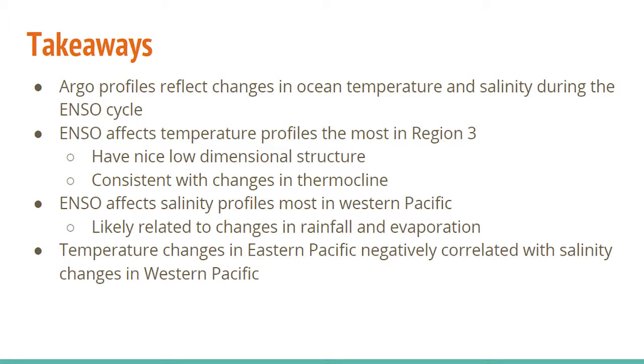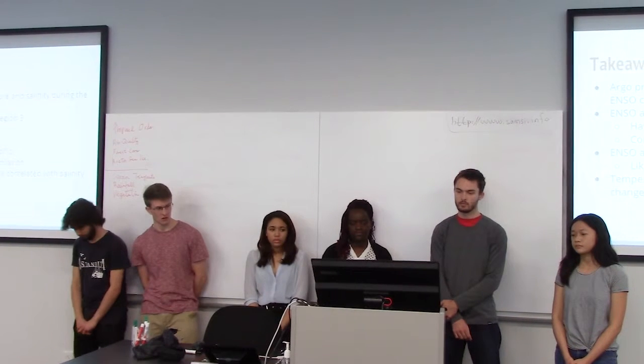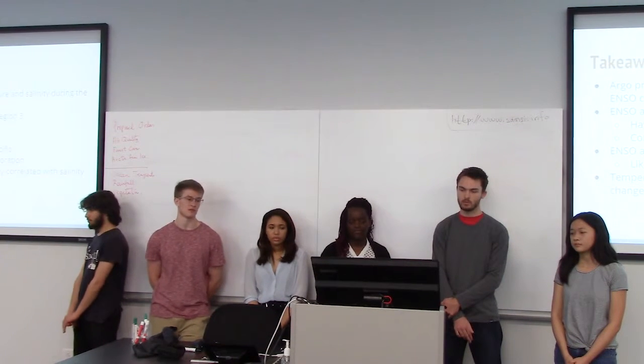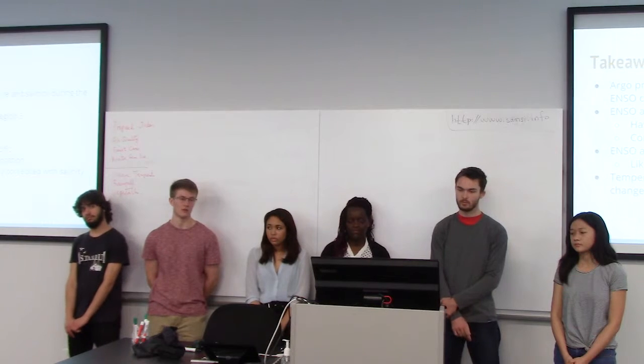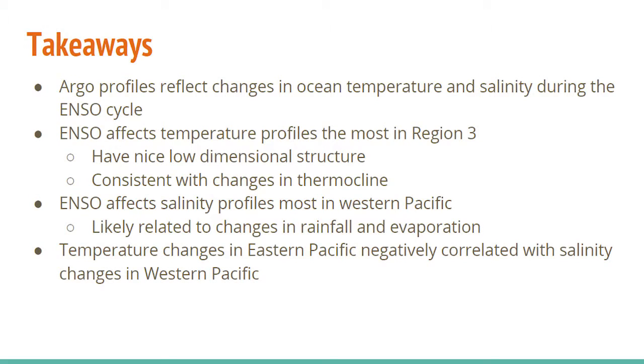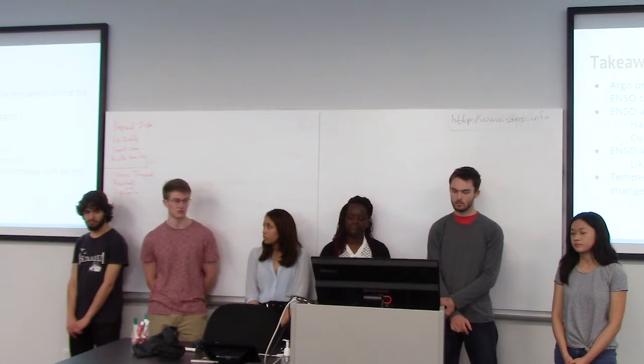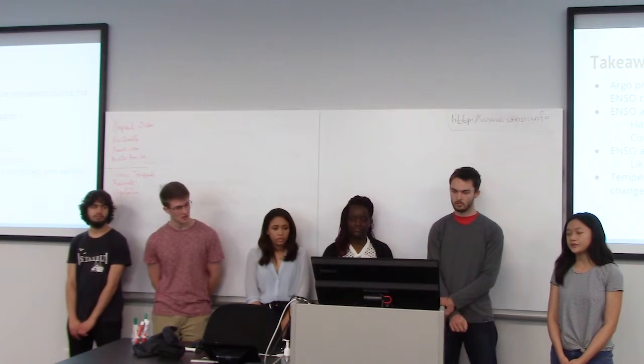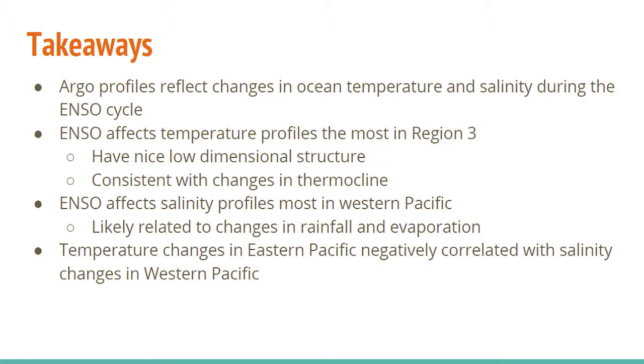And then we were successful in seeing how the salinity profile has changed between La Nina, El Nino, and neutral. We thought that was pretty interesting because we can actually see the changes related to rainfall and changing weather patterns in salinity profiles. And we also saw an inverse relationship between area 4's salinity and area 3's temperature.